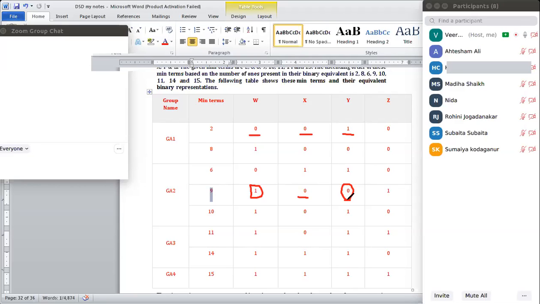Wherever I find, there should be only a single difference. Now I have got two differences. So I will not combine 2 and 9. Here I have got two different bits. That is why I am not going to combine 2 and 9. Then again I will check 2 with 10, right?